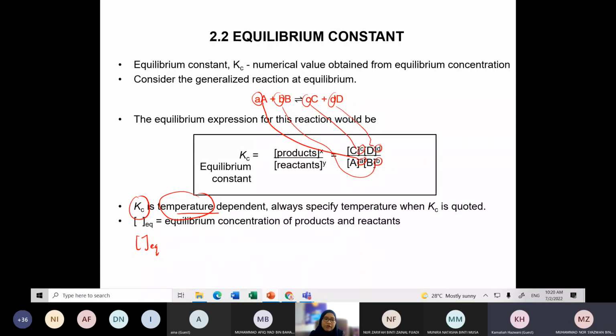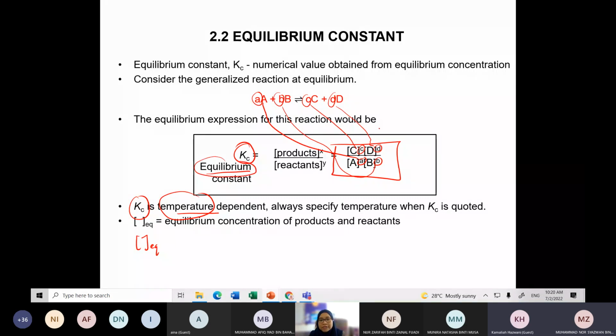So please take note, guys, when you are calculating for Kc, this is very, very important. When you are calculating for Kc, the concentration that you have here needs to be at equilibrium. You have to make sure of that first. You cannot just simply take any concentration to calculate Kc, because Kc means the constant at equilibrium.